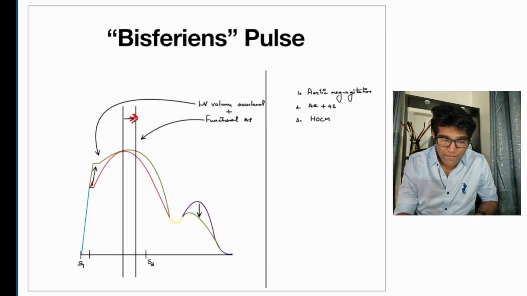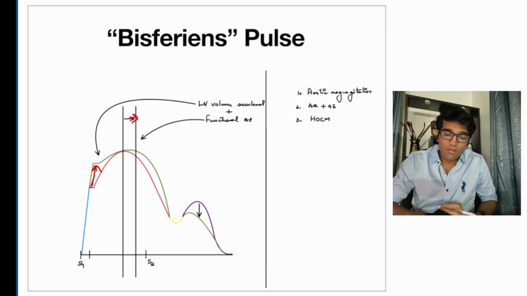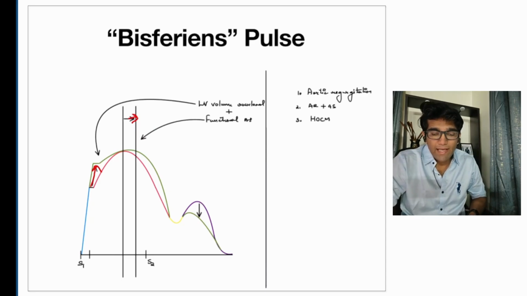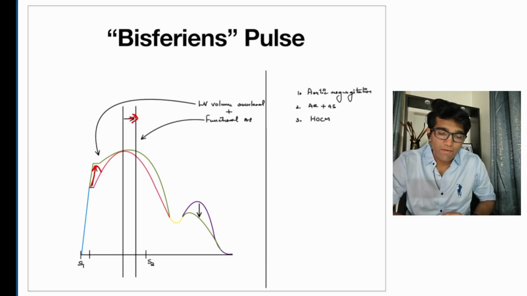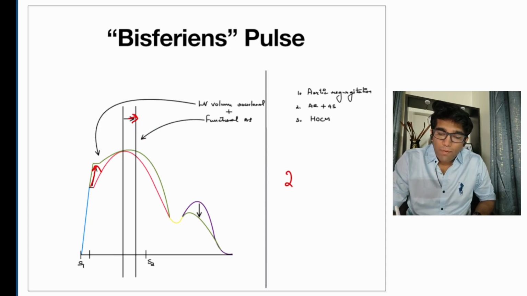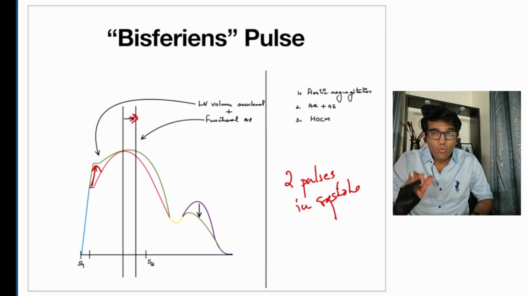There is an elevation in the percussion wave, and there is a delayed and prominent tidal wave. So what you end up having is two pulse movements in systole. Okay, this is very important because it is the two pulse movements in systole that are causing this.